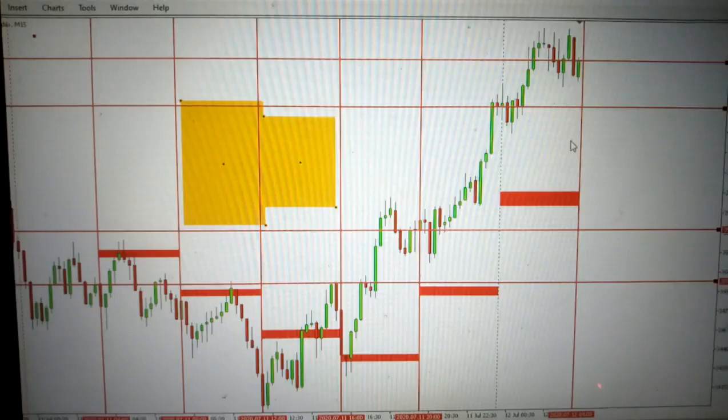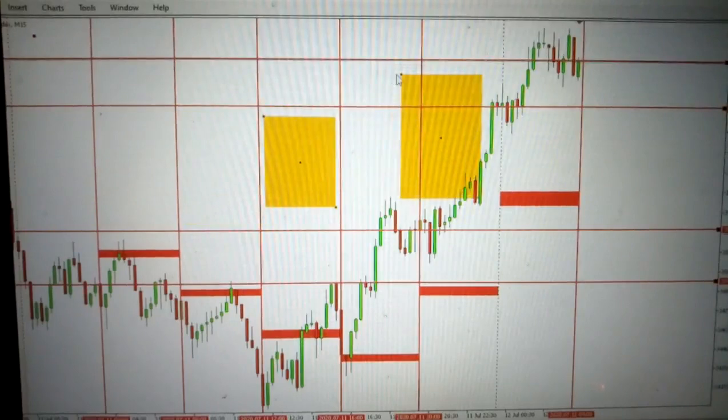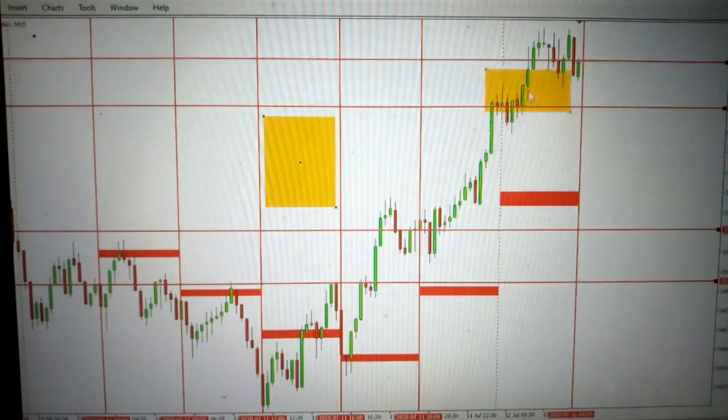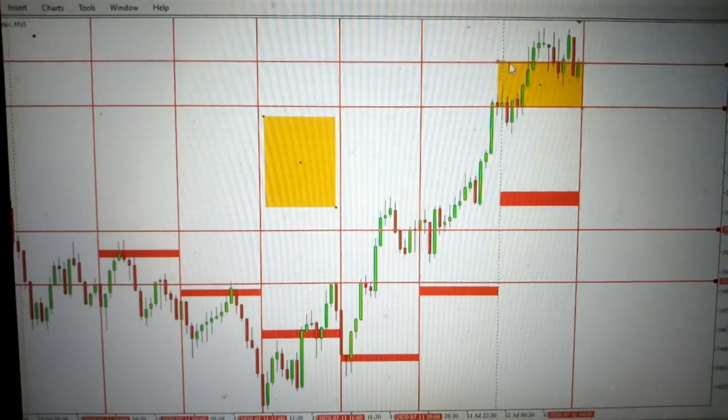I'll place my mark there. Then as usual, the rectangular shape, I'll use it to map out how price rose. We are still in an ascent, price still rising. So the support here, support here, support here.